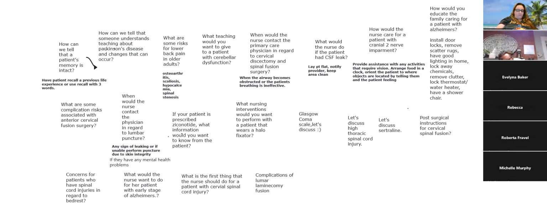So what are some concerns as far as your client's coping strategies who just went through a traumatic spinal cord injury? What are you thinking? Like how he's coping with it?